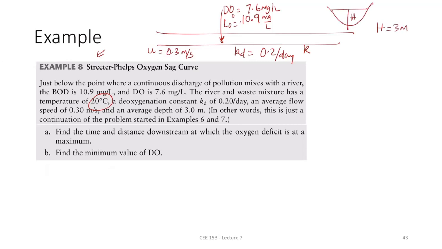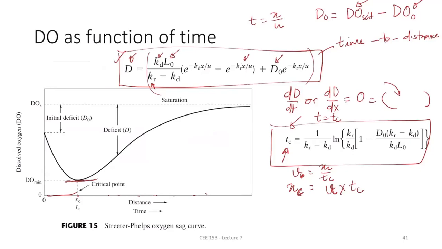So you're asked to calculate the time and distance downstream at which the oxygen deficit is at the maximum. So again, the maximum oxygen deficit is on that curve. That's the location, the critical time TC and critical distance, which is what we're asked, and basically these equations give it.